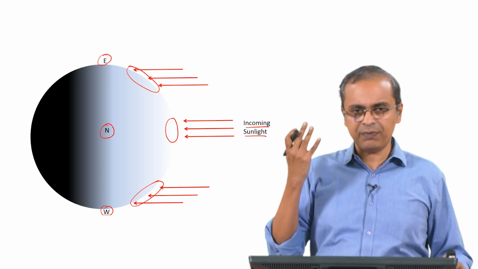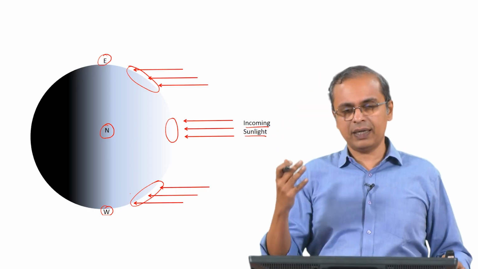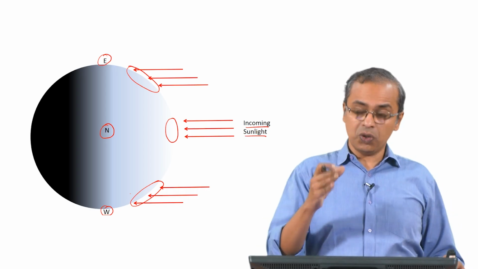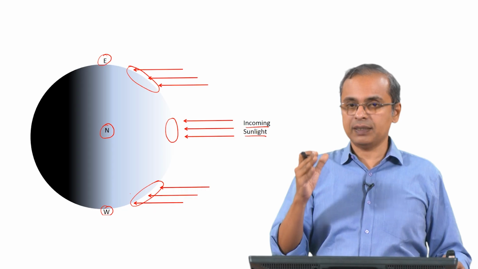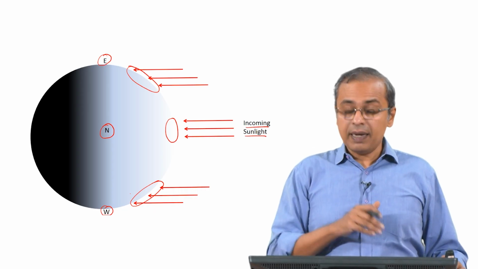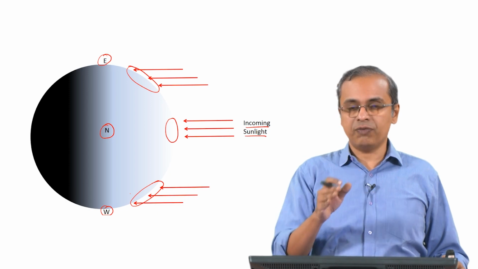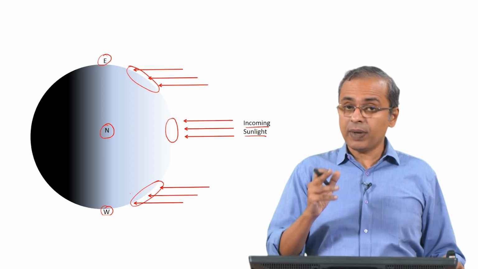Many places you have to wear some kind of a hat or a cap, or put at least some cover on your head, or you are really going to take a lot of heat on your head. And so most of us do not really enjoy being out in the sun in the middle of the day in peak summer, right. At the same time, we know that during the evening as well as during the morning, it is quite comfortable in many places, even though it may be summer. So why is that the case?